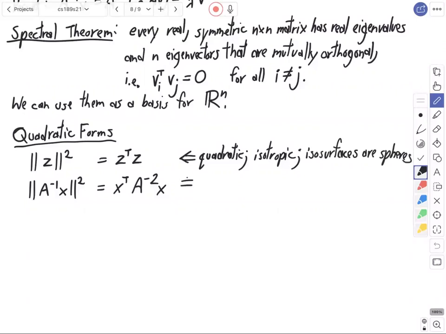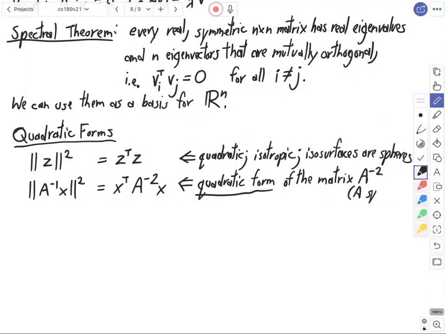The second function, on the other hand, so first of all, this is called a quadratic form. And in this case, it's the quadratic form of the matrix A to the minus 2, assuming again that A is symmetric.